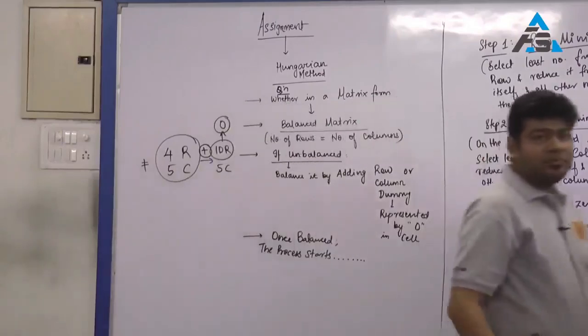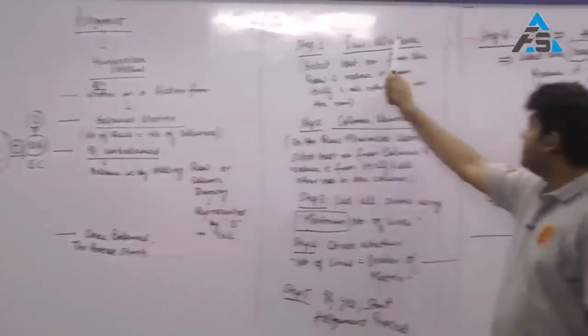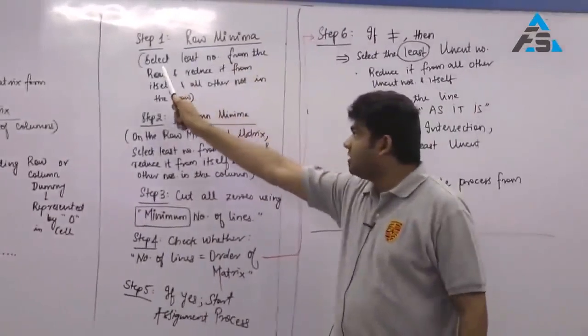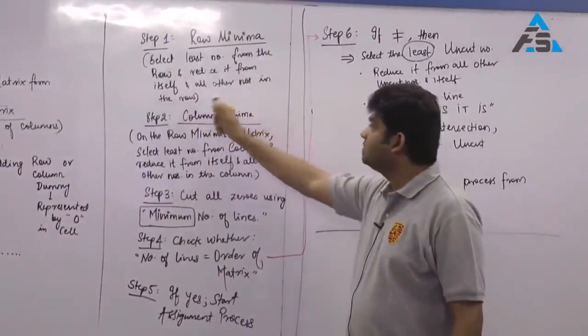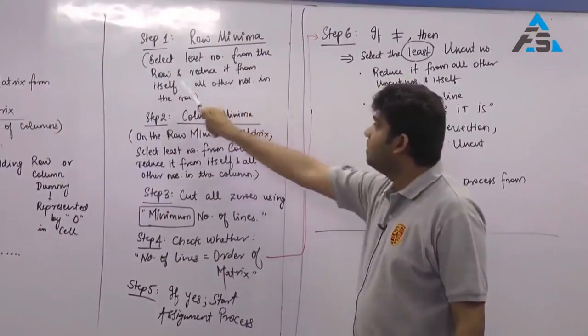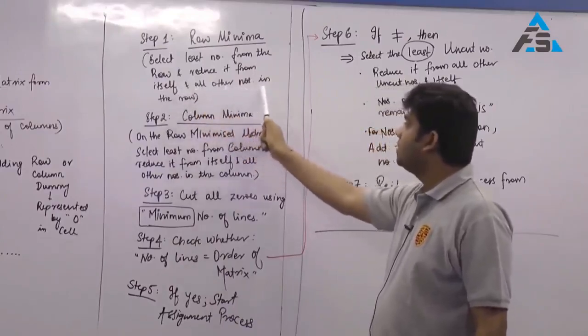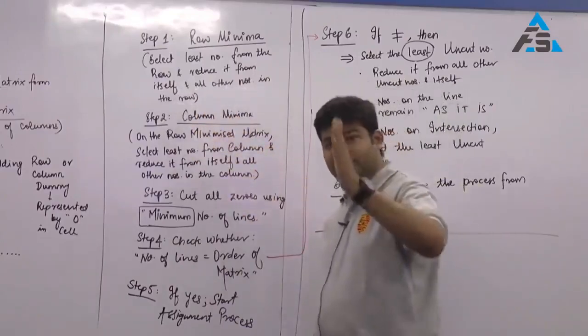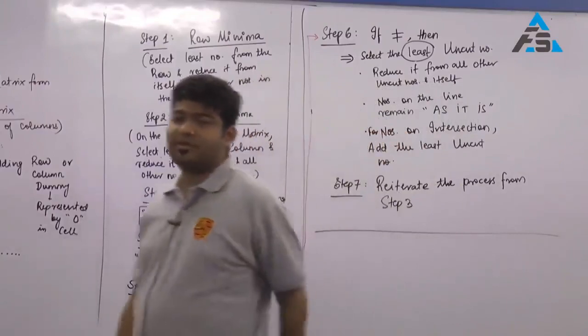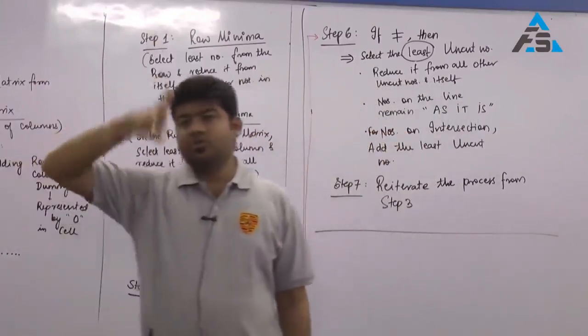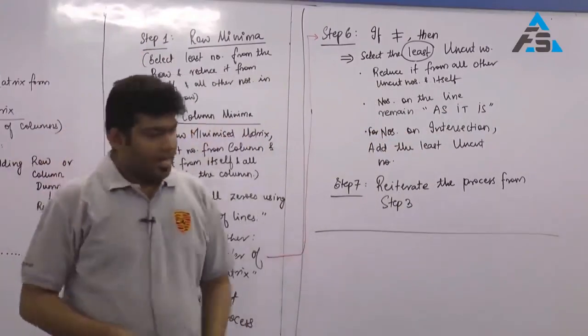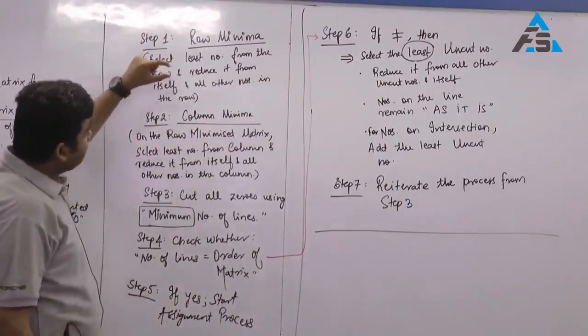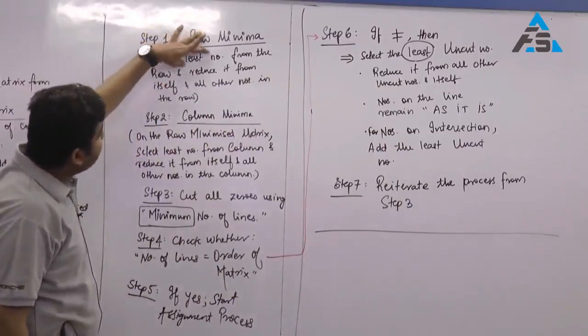Step 1. Step 1 is row minima. What is row minima? Select the least number from the row and reduce it from itself and all other numbers in the row. So 1, 2, 3, 4. Say for example there are 4 rows. In all rows there are a lot of numbers. Select every row and from that row select the least number.